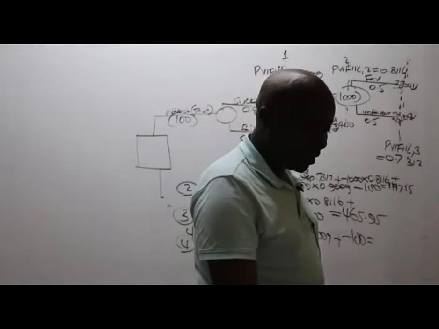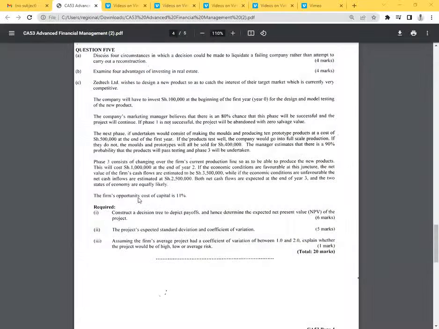They've told us here that if the economic conditions are favorable at this juncture, the net value of the firm's cash flows are estimated to be 3.5, while if the economic conditions are unfavorable, the net cash inflows are estimated at 2.5 million. Both net cash flows are expected at the end of year 3, and the 2 states of economy are equally likely.